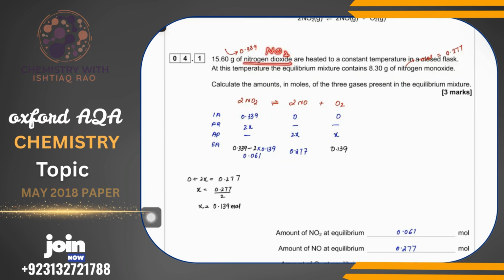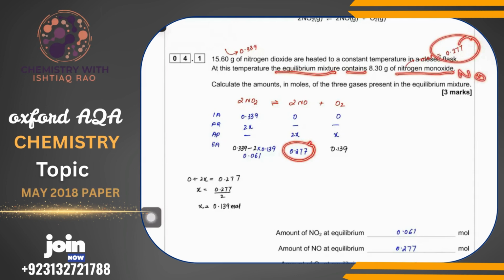Then this is 0, 0, initial amount. The reaction has not started yet, the products are 0. And then the equilibrium mixture contains this many moles of NO, not NO2, so I put this one over there. And then this is 2x, 2x, and x.